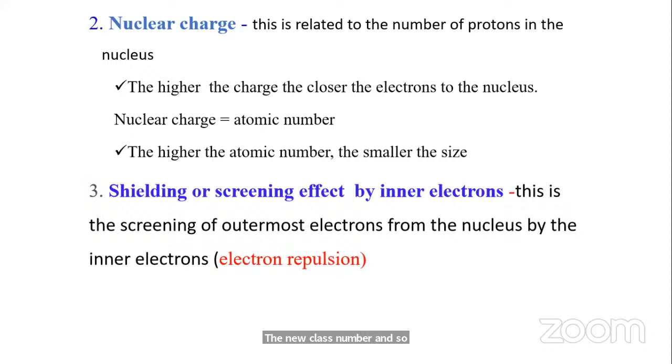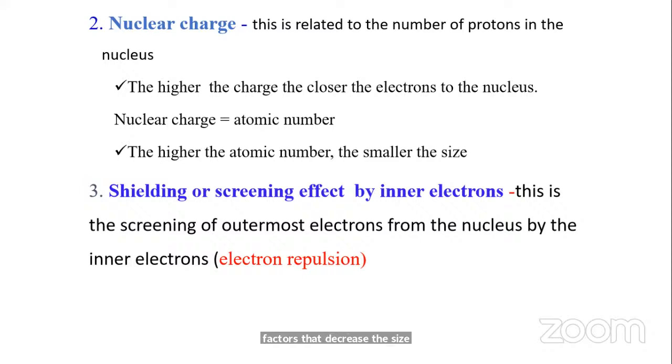The higher the energy level in which we find the valence electron, we expect that the larger the size. And the shielding effect also serves to increase the size. So in the atomic radius, we have two opposing factors: factors that increase the size and factors that decrease the size.